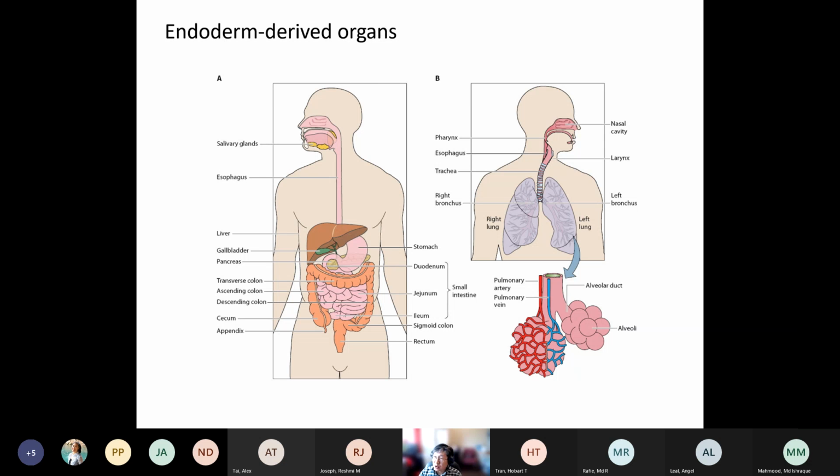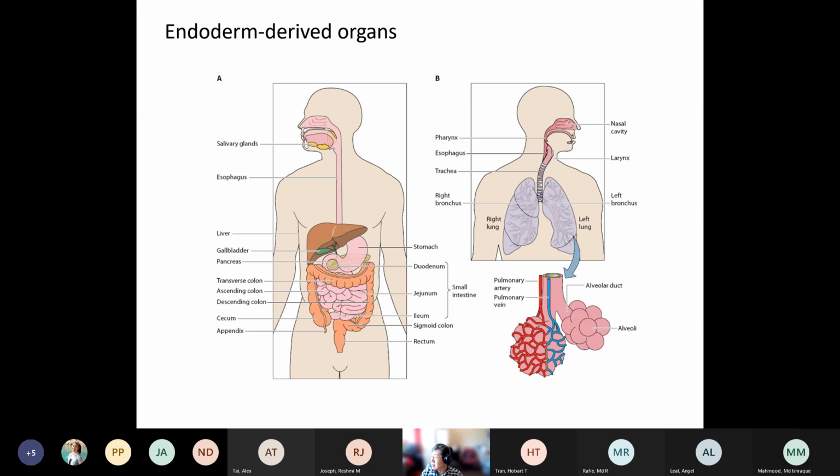So we call the endoderm foregut, midgut, and hindgut, dividing the endoderm into three parts based on their anatomical position. So endoderm is kind of, you can call it gut. So the GI tract is easily understood to be part of the endoderm.